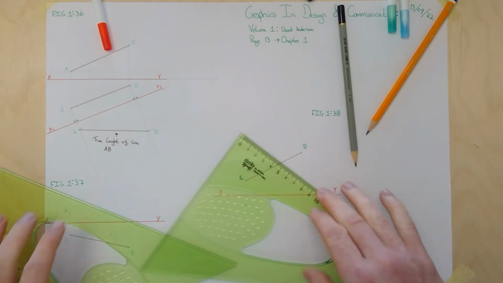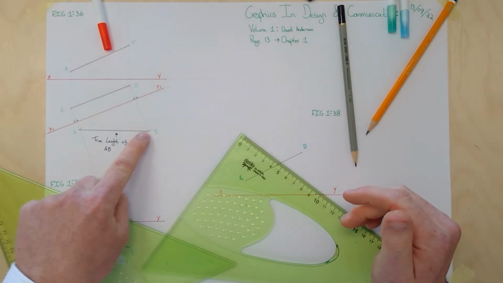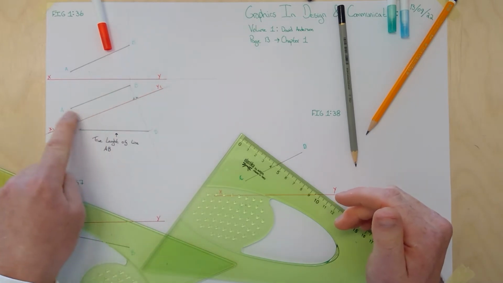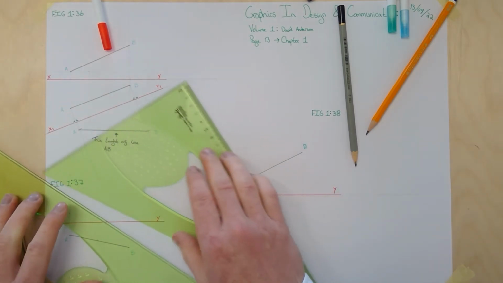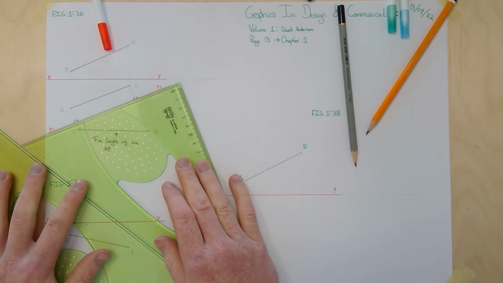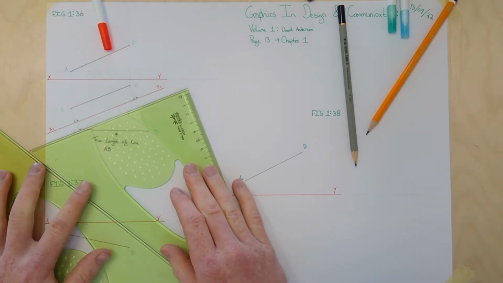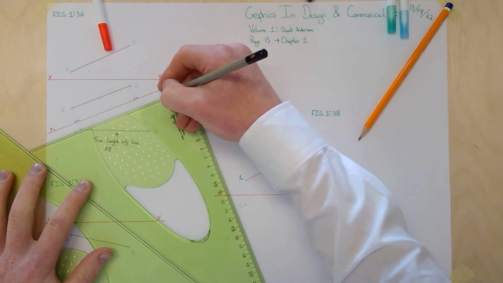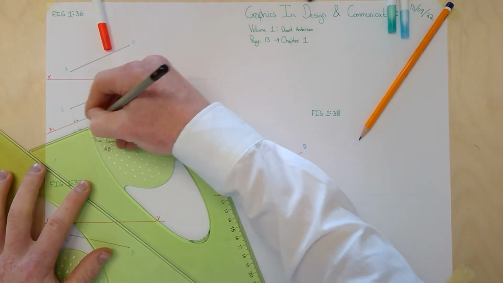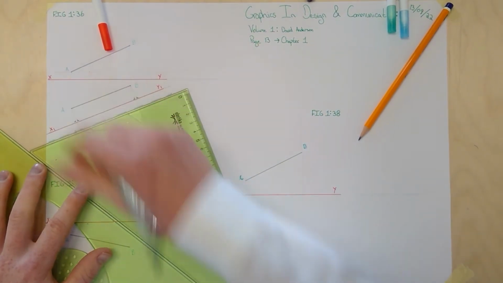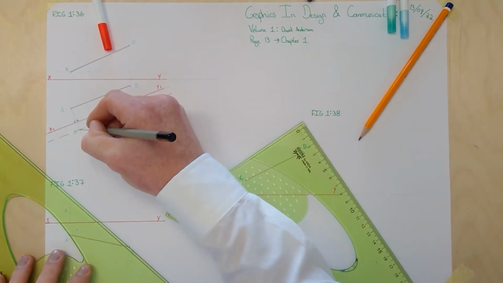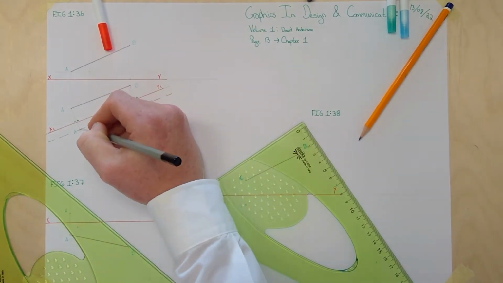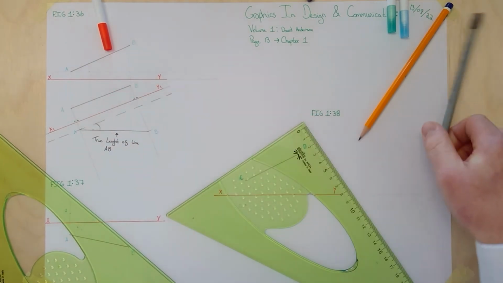We can do it two different ways. We can extend this line past A until it hits the XY line and find that angle, or we can go parallel to the X1, Y1 line from point A, like I'm doing there with the dotted line. Whatever angle is in here, that's our angle of inclination to the horizontal plane.